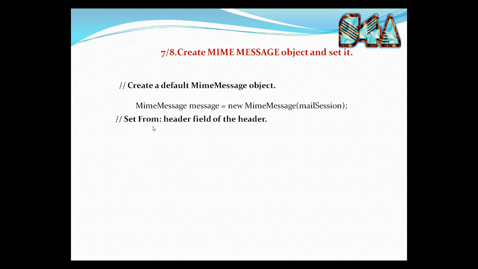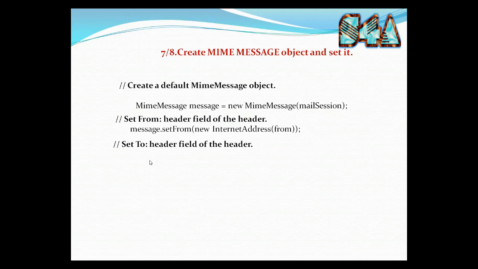Then you put the setFrom, the header of this message: message.setFrom with new InternetAddress from id in this message. After that, set to, where you want to send the mail.